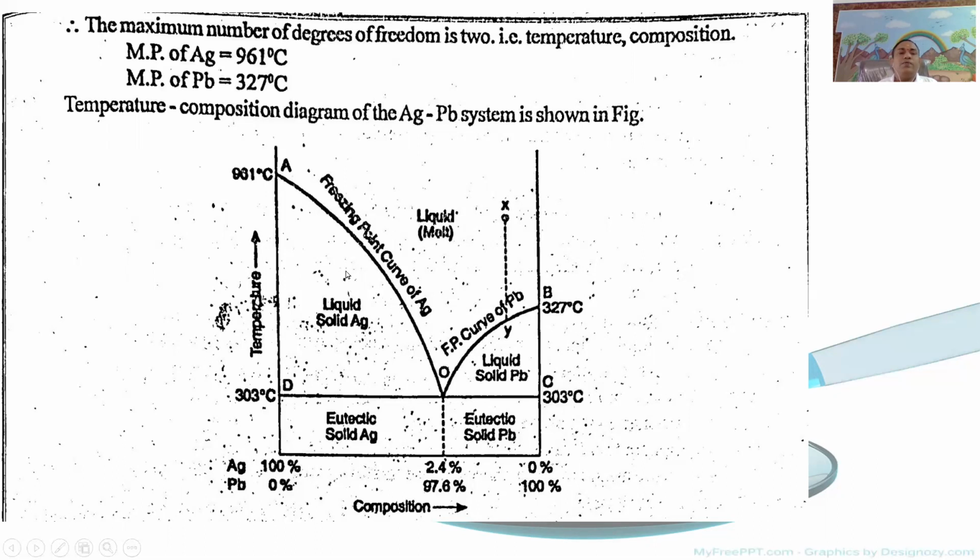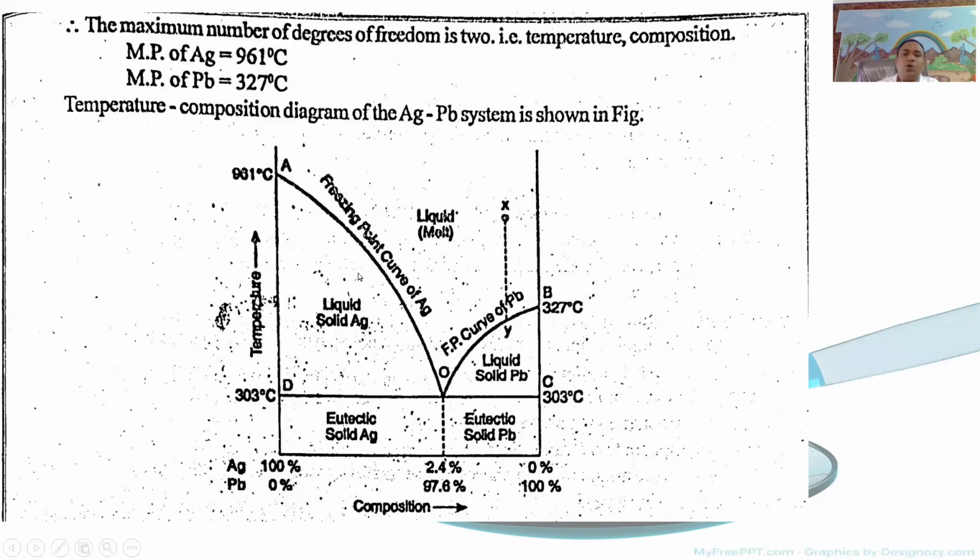Here in the phase diagram of the silver lead system, the AO curve shows the freezing point curve of silver and the BO curve shows the freezing point curve of lead. While we move from A to O, the silver percentage gradually decreases and the lead percentage increases. Similarly, while moving from B to O, the lead percentage gradually decreases and the silver percentage increases.